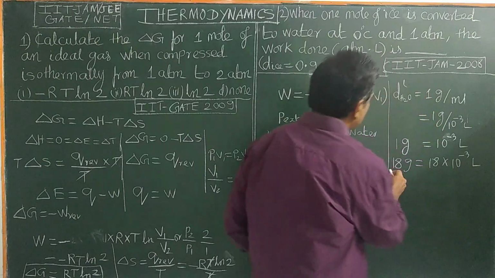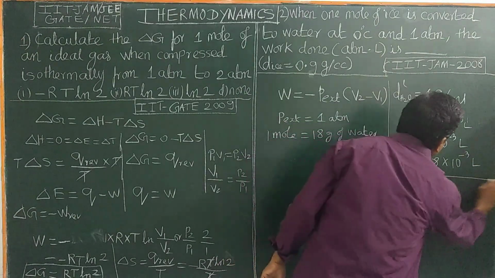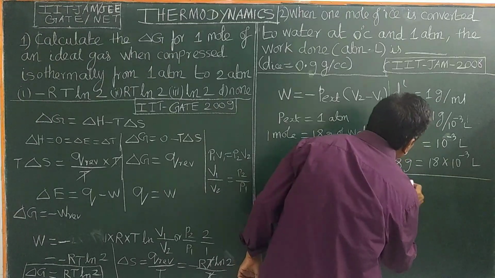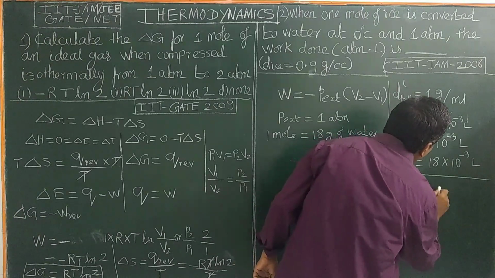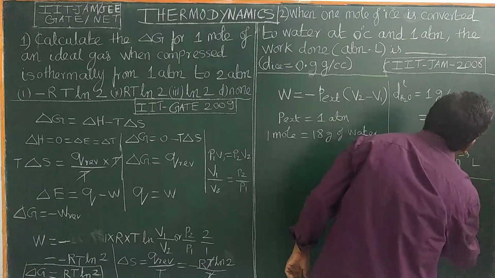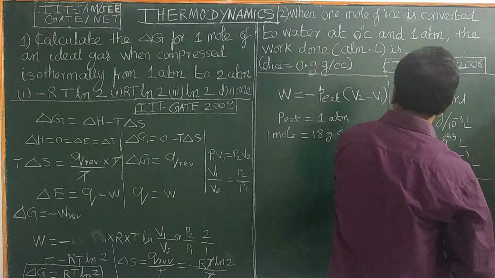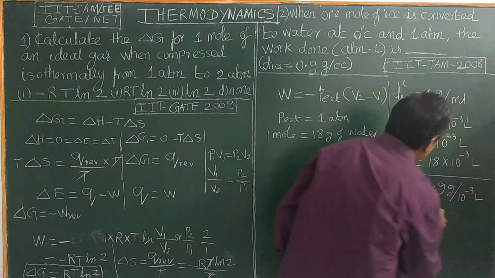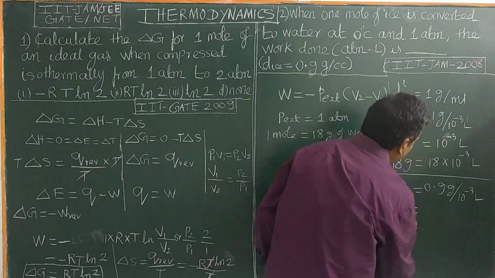Next, what is given is the density of ice, which is 0.9 gram per ml. We need to convert into liter.